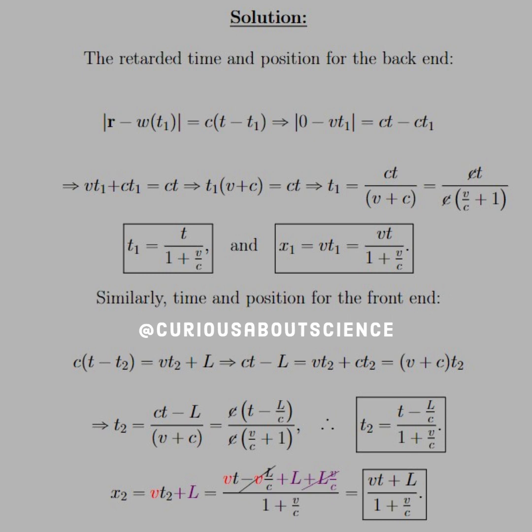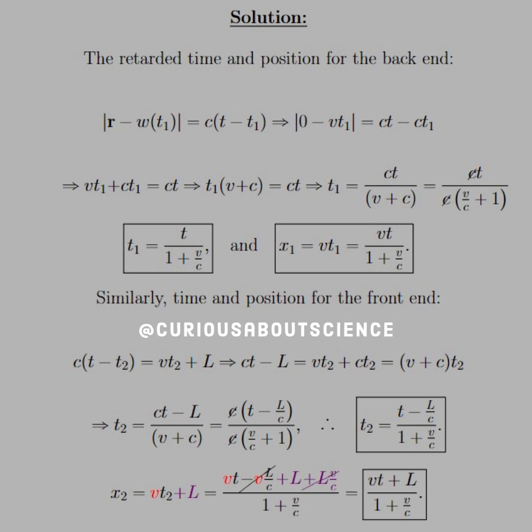So x2, the retarded position, is equal to vt2 plus L. And if that's the case, for the retarded time we have to distribute everything with that darn numerator and denominator. I just fast-forwarded that process.